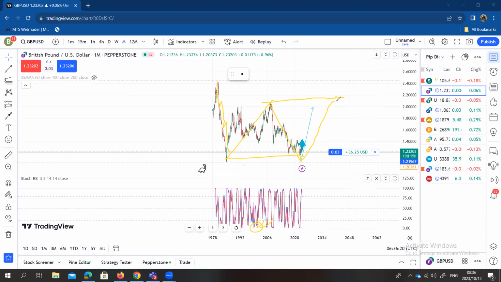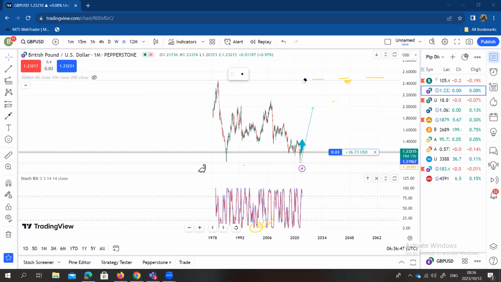This can be an extended flat, meaning it can reverse around those levels. But in any case, I wouldn't expect it to come to the start of that impulse. So this is most likely going to be a regular flat, or it's going to be a running flat. So there's also a chance that the market can reverse before it reaches that level there, right?